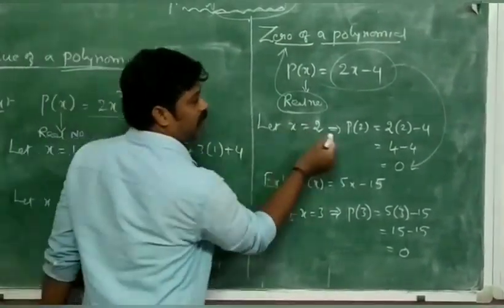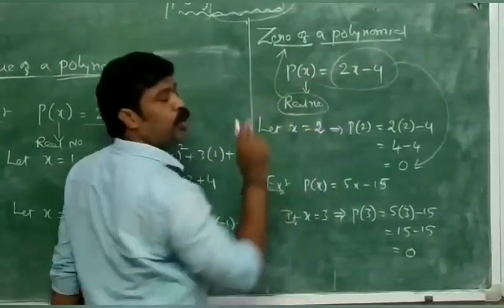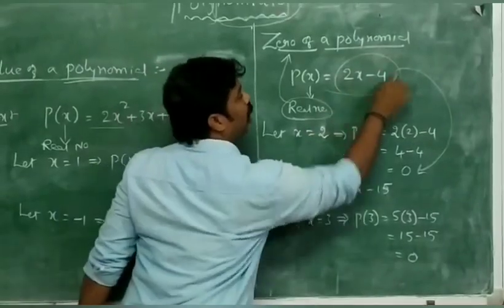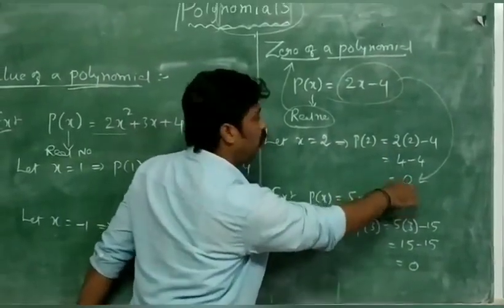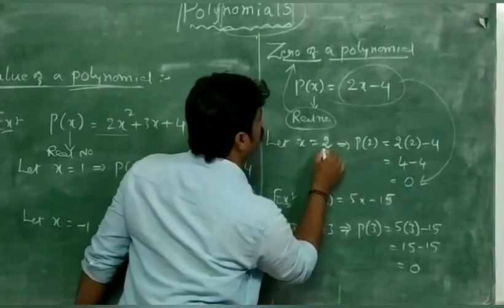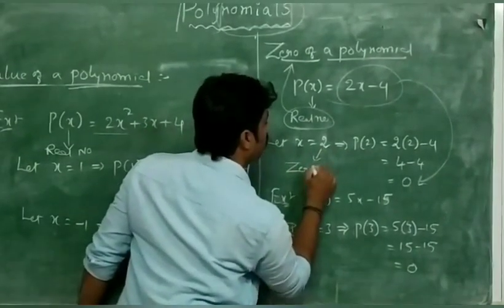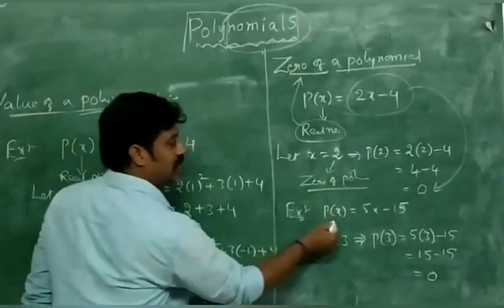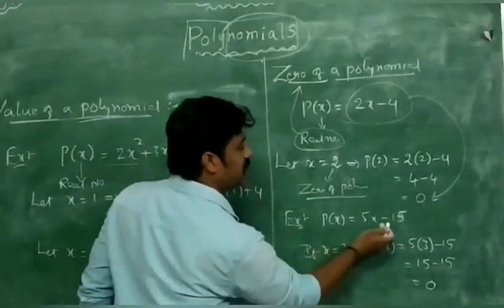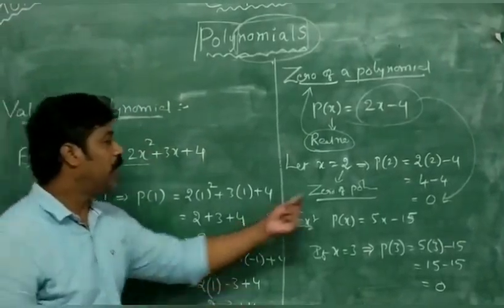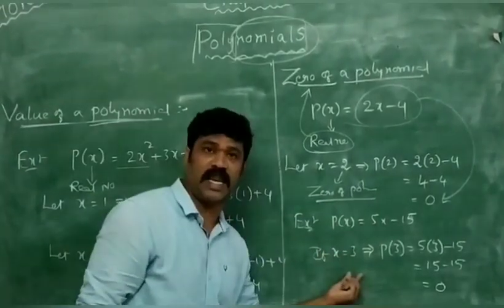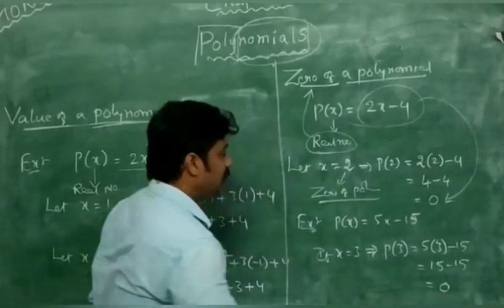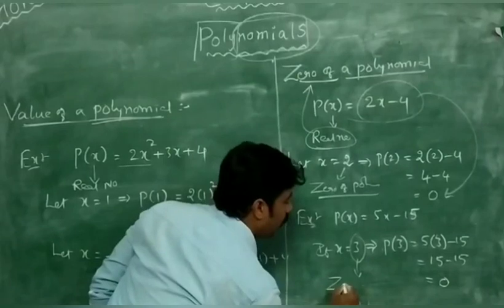In p of x is equal to 2x minus 4, we substitute 2 and get 0, so this 2 is the zero of that polynomial. Similarly, in 5x minus 15, if you substitute 3, the polynomial value becomes 0, so we say that this 3 is the zero of that polynomial.